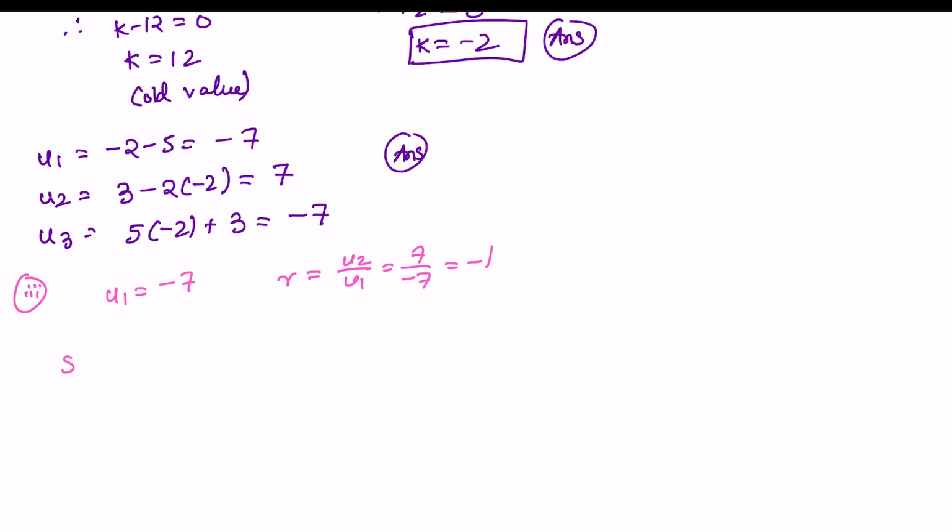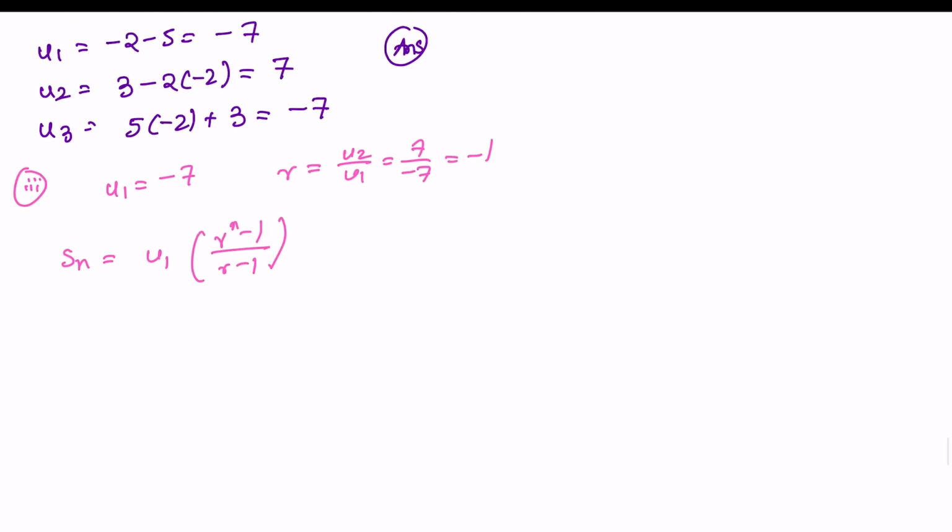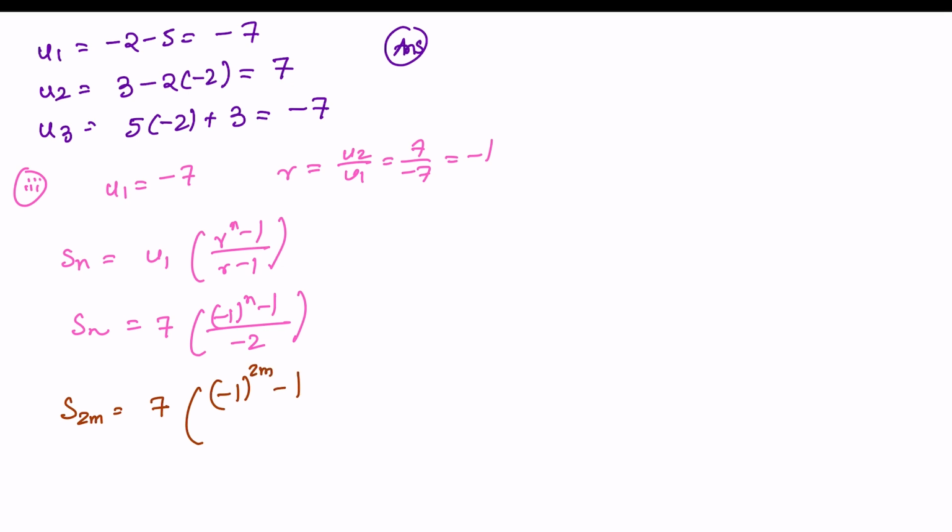So the sum of n terms will be u1 times r to the power n minus 1, divided by r minus 1. Which gives me 7 times minus 1 to the power of n minus 1, with the denominator being minus 1 minus 1, which is minus 2. This is Sn. Now, when we are doing S2m, it will be 7 times minus 1 to the power of 2m minus 1, by minus 2, right?